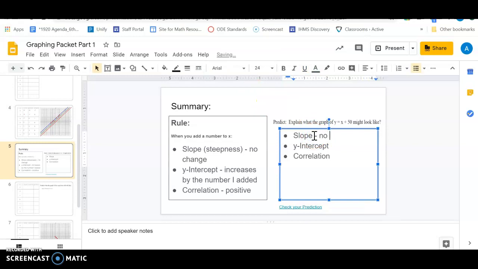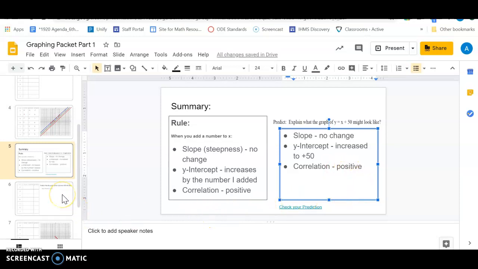There was no change. What happened to my y-intercept? It increased to a positive 50, and the correlation didn't change either. It was still positive, okay?